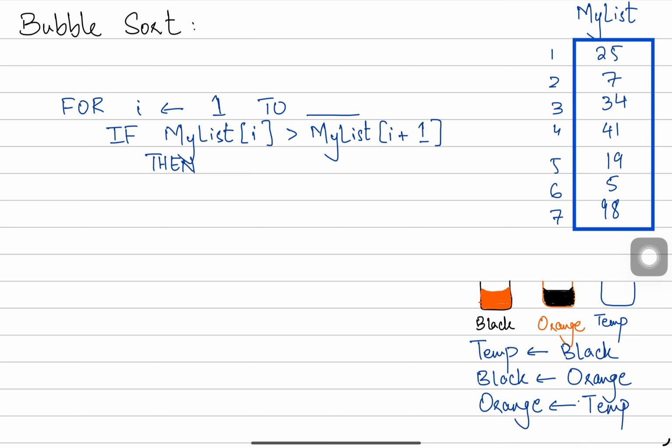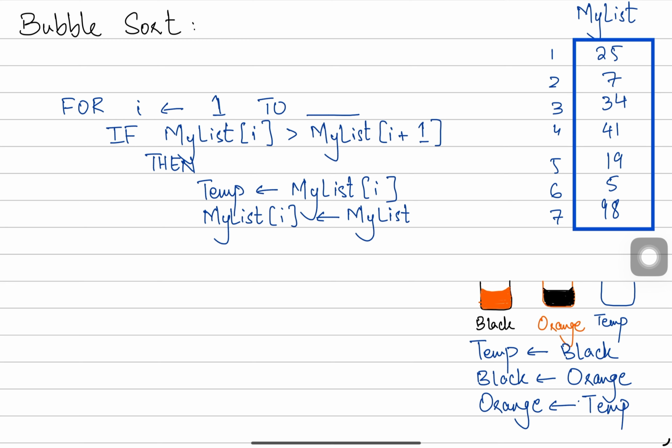you are going to store 25 in temp, which is my list of I. Okay. And then since my list of I is empty, there is nothing on 25, though it makes a copy in actual, but just to make you understand it. So assume that 25 is empty now. So what you can do is put my list of I plus 1, which was 7, at the place of 25.